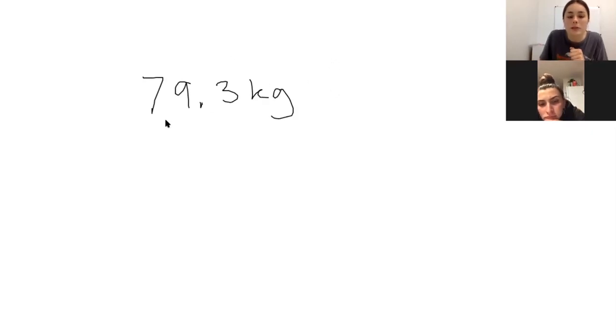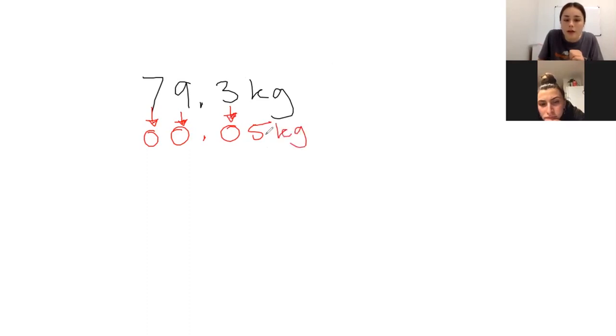Mm-hmm. And so if we do that, the red rule where you just go 0, 0.05, is that cool? Put a 0 where the numbers are, and then add a 5 on the end. Yeah.